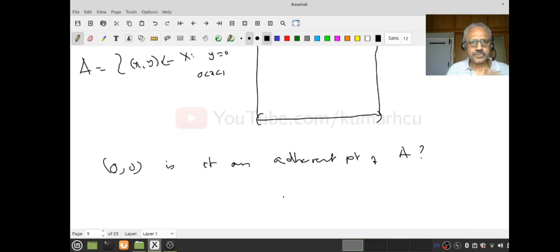What is the question you should ask? What are the simplest open sets which contain the point (0,0)?